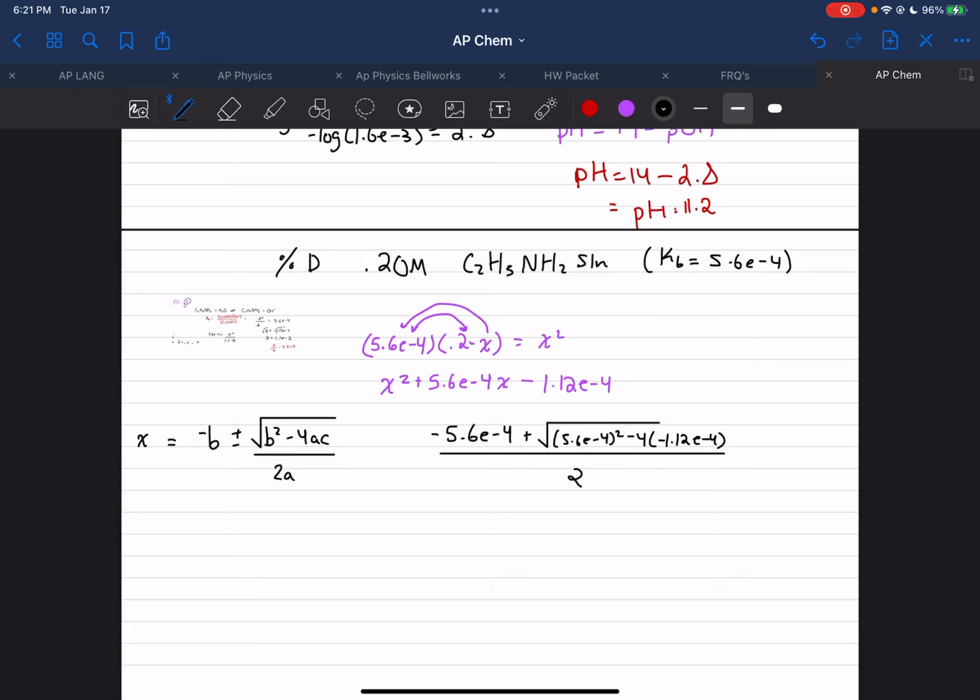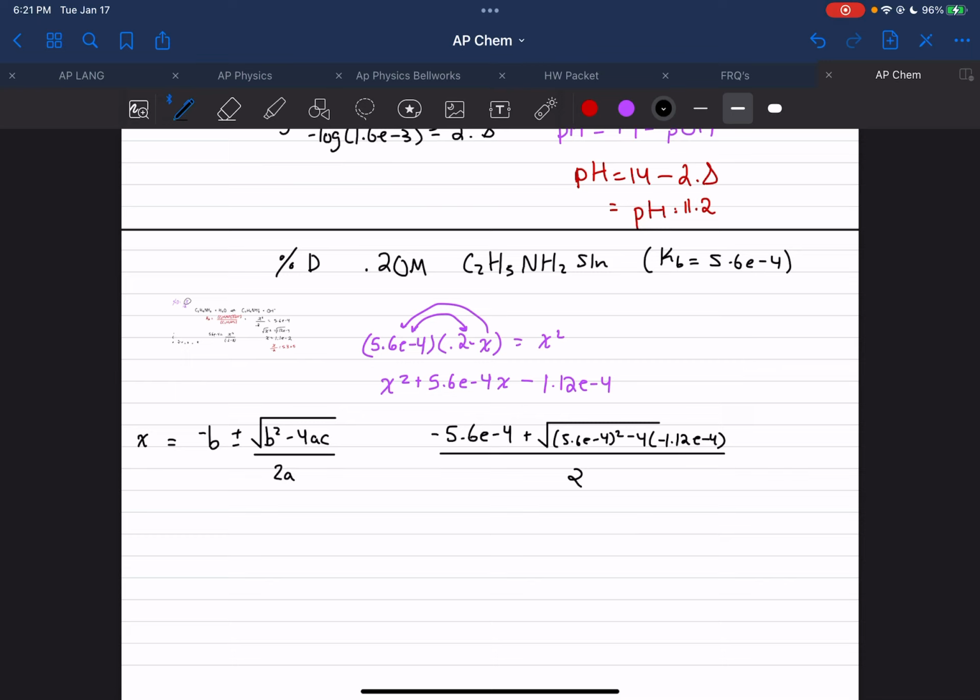Oh God, my calculator just went to syntax error. So negative b means negative 5.6 E negative 4 plus the square root of b squared. I don't know why I did that when I could just leave it.